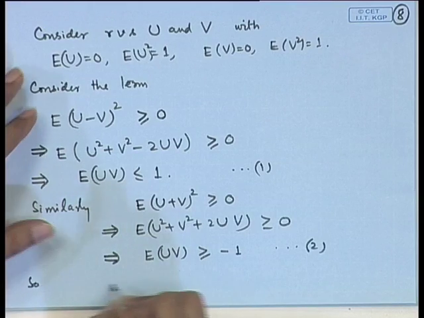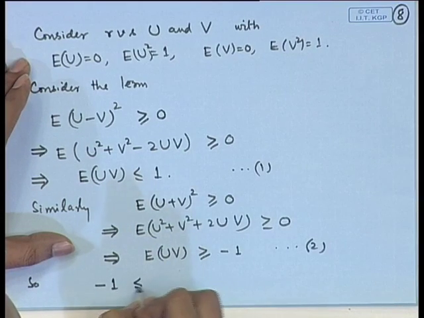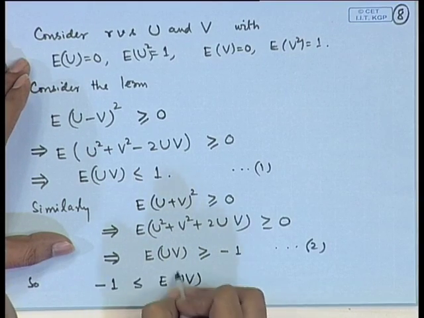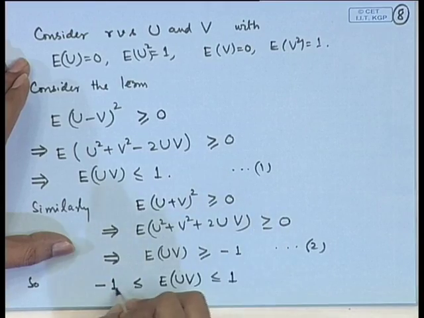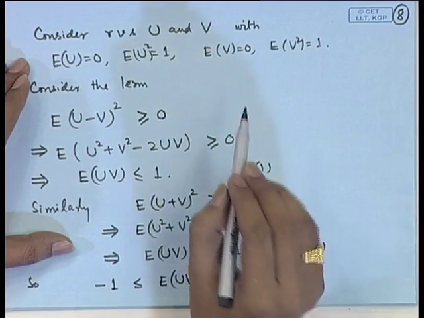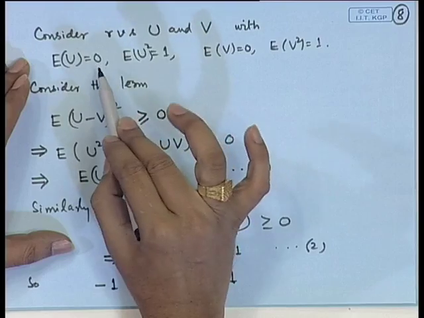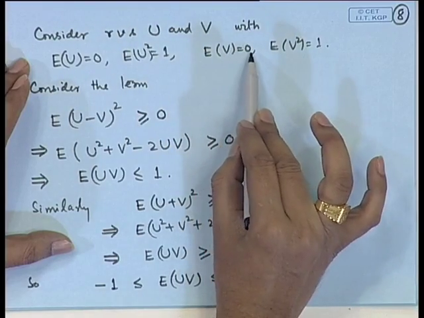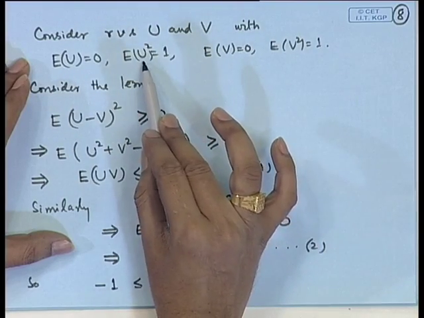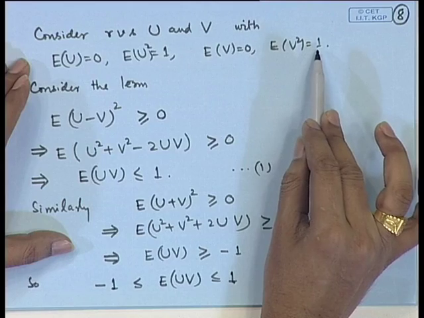So, we have got that expectation of u into v lies between plus 1 and minus 1, provided expectation of u and expectation of v is 0 and expectation of u square and expectation of v square is 1.